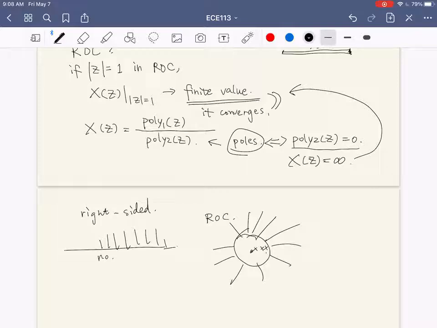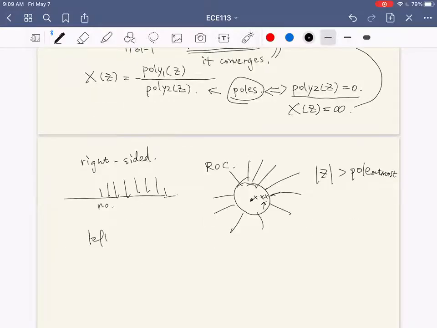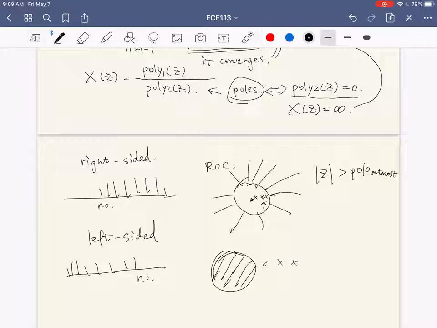So we can see that this pole is the farthest away from our origin, so the ROC will be bigger than the outermost pole. And similar for the left-sided signal. For it, the ROC is always inside some radius, and the poles are outside. So in this case, z is smaller than the innermost pole.